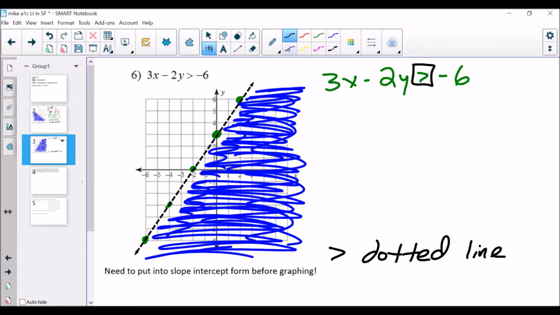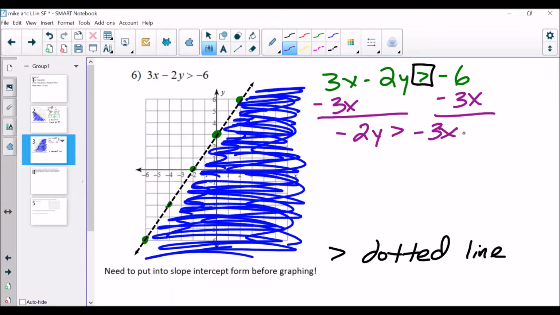So what I want to do here, same process, is isolate that y variable. I'm going to start off by moving the other term on the left side, so I would subtract 3x from both sides. That would leave me with -2y on the left side and -3x minus 6 on the right.